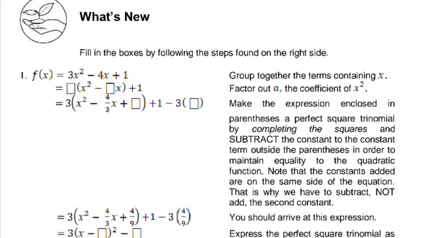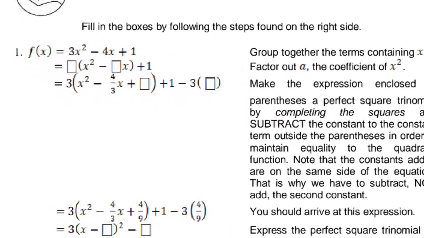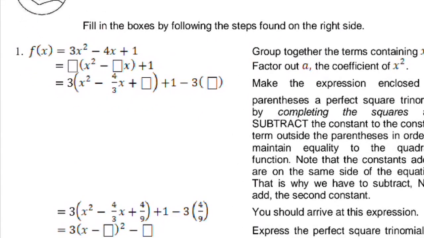Then what's new? Fill in the boxes by following the steps found on the right side. Number 1, f of x equals 3x squared minus 4x plus 1. Then you're going to group together the terms containing x, the variable. So you're going to have here blank times the quantity of x squared minus blank times x.